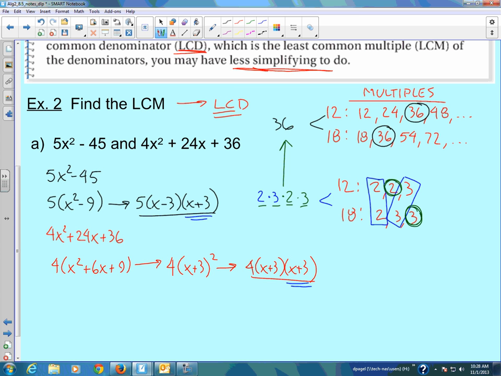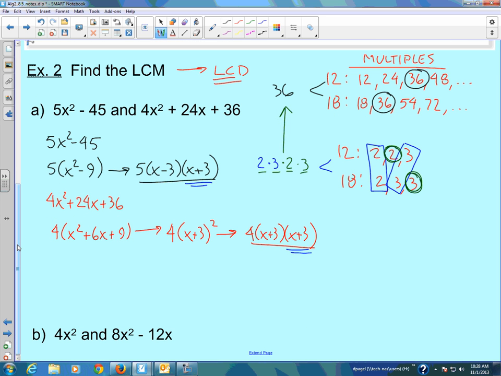So now what I want to do is make these two factored forms look the same. I want to change the 5 times x minus 3, x plus 3. I want to multiply it by some things that are missing to find a common denominator, a common multiple. I'm going to do the same thing with the red, 4 times x plus 3 and x plus 3.